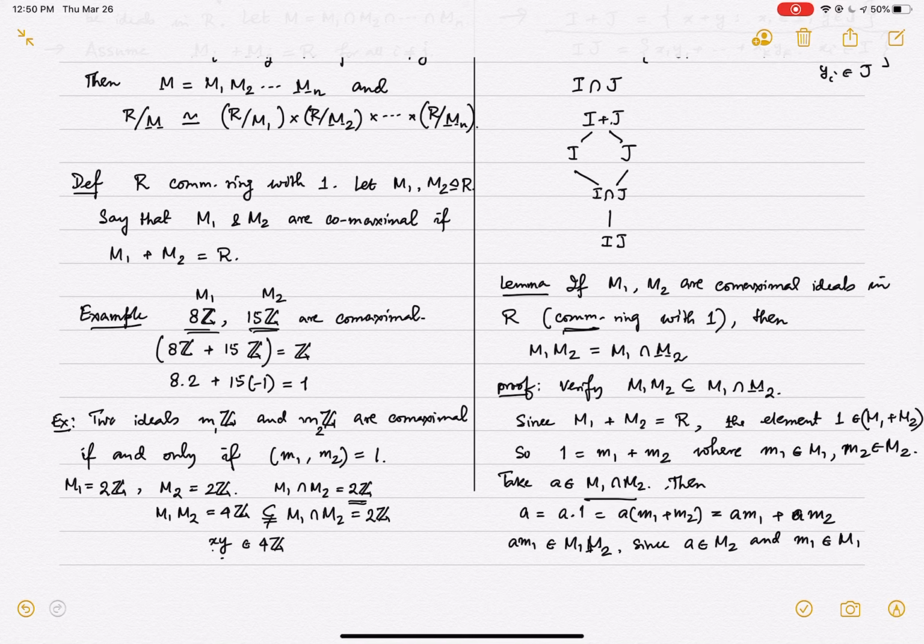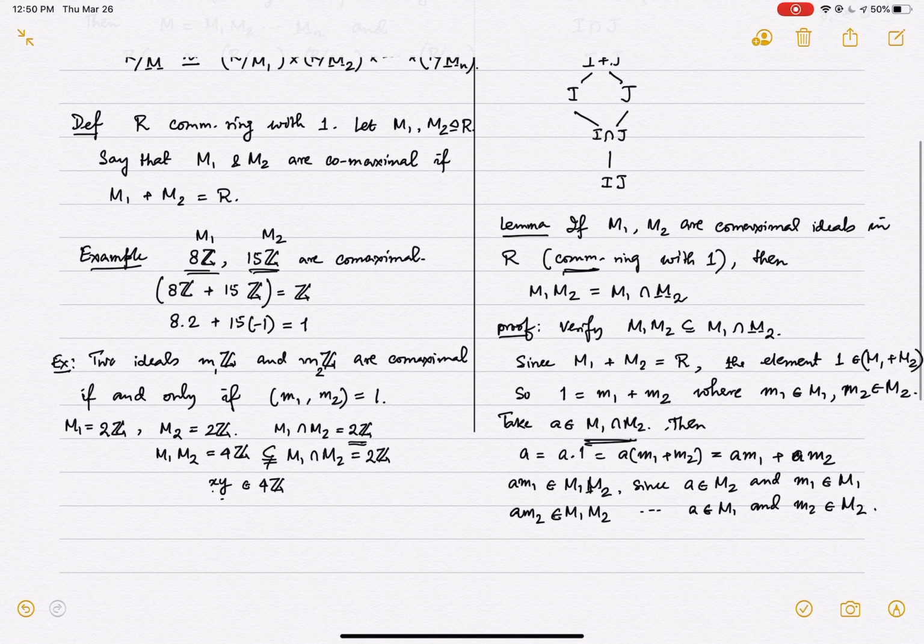Okay, and also am2 is in M1M2. Since A is in M1, again it's in the intersection, so it's in both, and m2 is in M2. So both these guys are a product of a thing from M1 and a thing from M2, so they're both in the product, and their sum is also in the product. So A, which is am1 plus am2, both these guys are in M1M2, so the sum is also in M1M2.